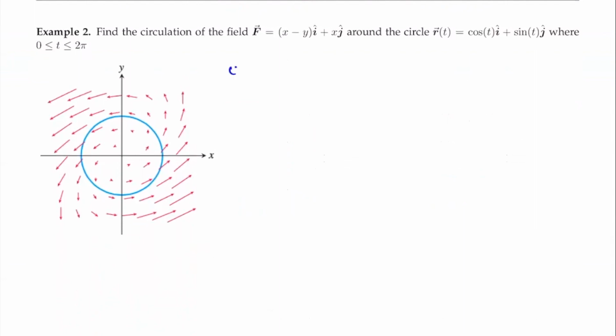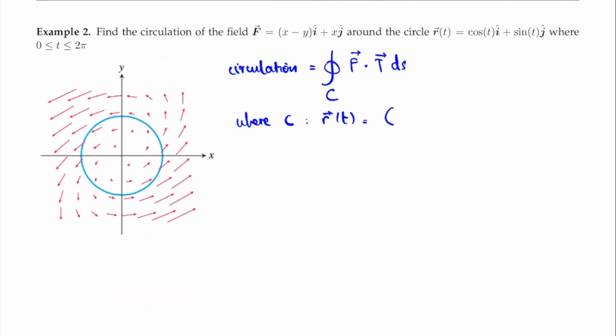So the circulation formula is equal to the line integral of F dot T ds, and this path, or this curve, is a closed curve where c is parameterized as r of t equal to cosine of t, sine of t. All right, so this is the entire circle. How do we do the circle? Because t is going from 0 to 2 pi.